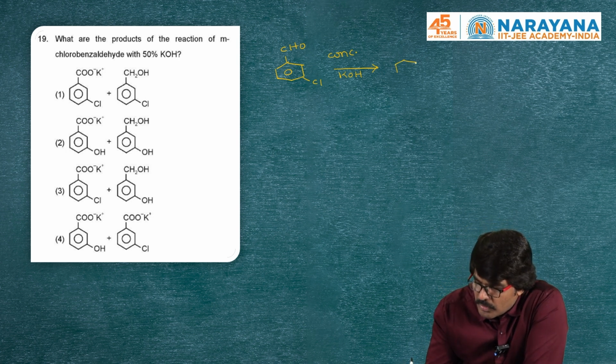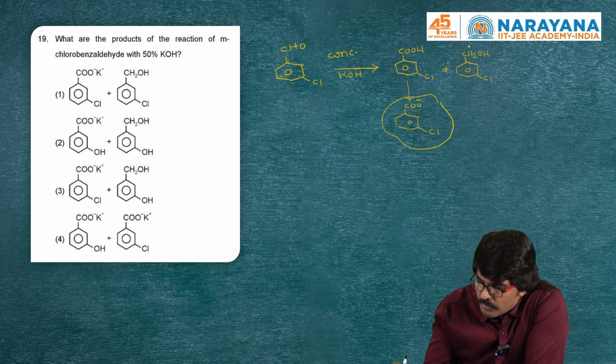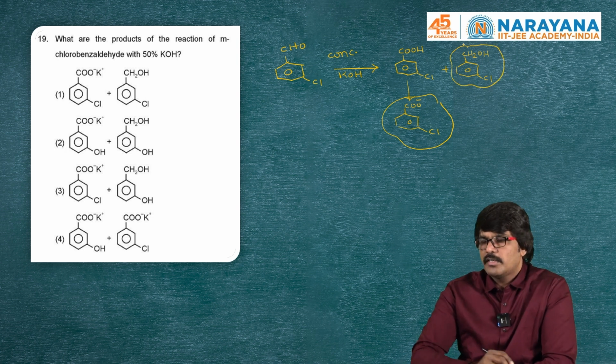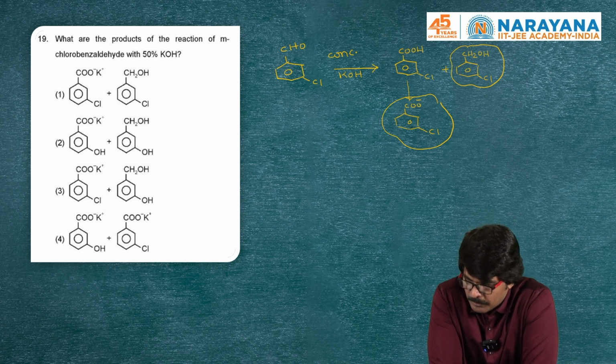So here, this is a disproportionation reaction. This becomes carboxylic acid and another unit is becoming alcohol, but acidification is not given, it is in KOH. So obviously that is in the form of COO minus. So one product is metachlorobenzoate and another one is benzyl alcohol with a substituent chlorine at the meta position.